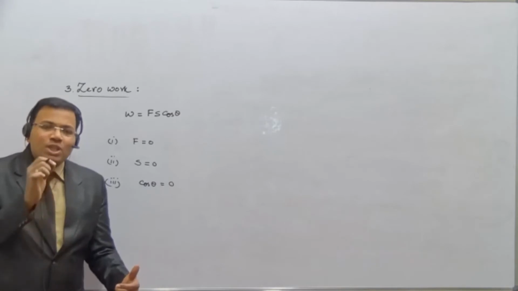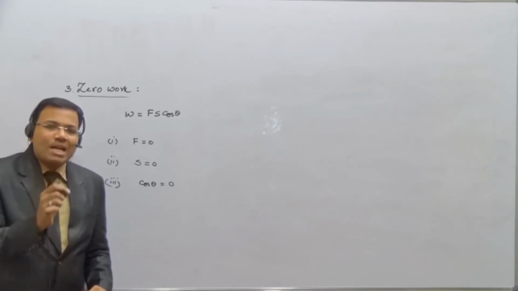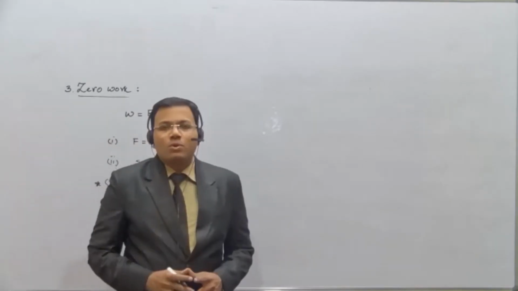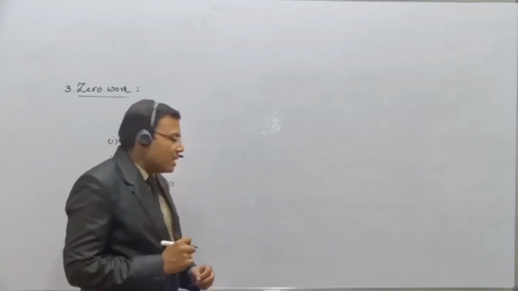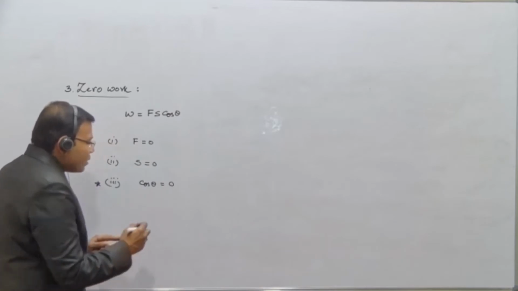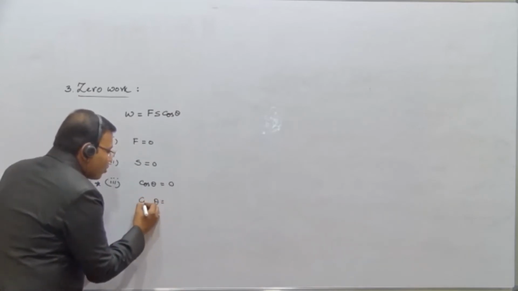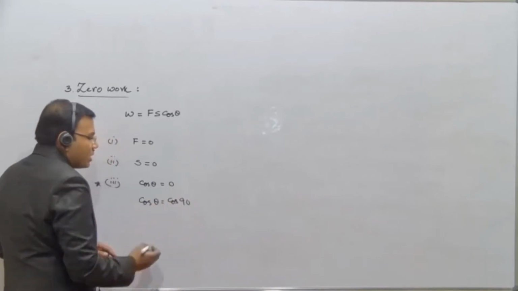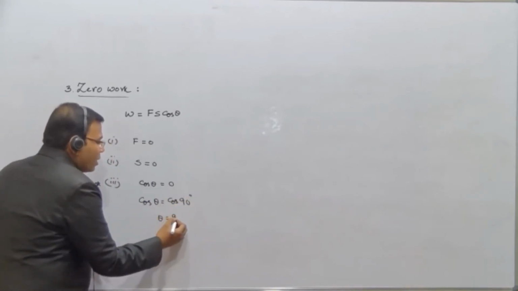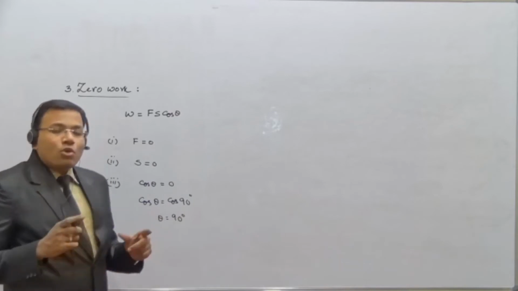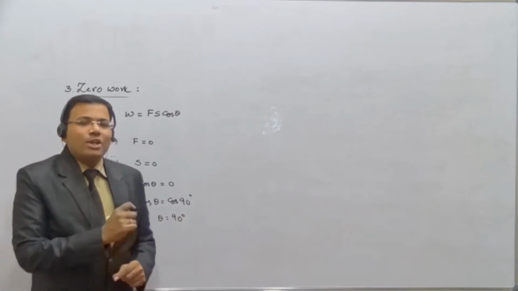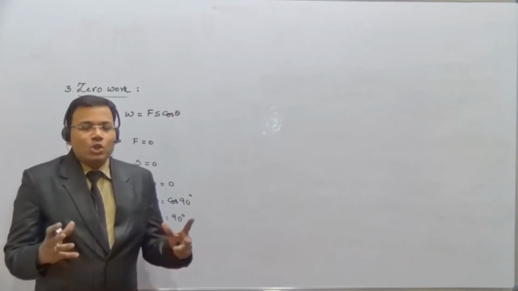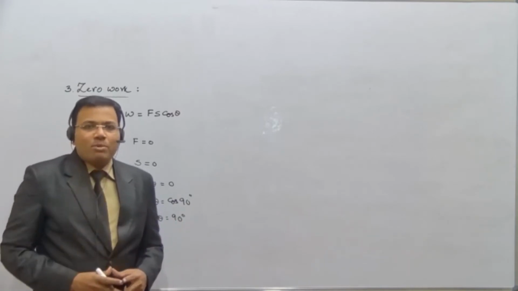If the angle between the displacement and the force is exactly 90 degrees, we say the work is 0. The reason is, cos theta as 0 means theta is how much? Cos theta is 0 when it is cos 90 degrees, so theta is equal to 90 degrees. So when both force and displacement are perpendicular to each other, there is no work. Here I can give n number of examples.